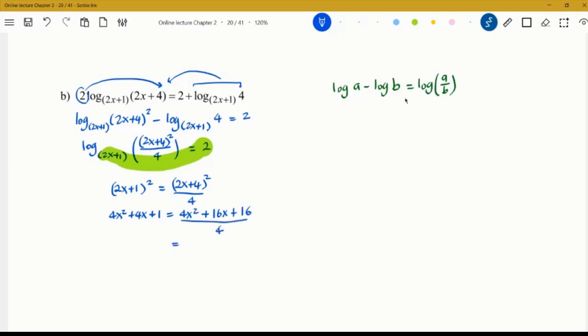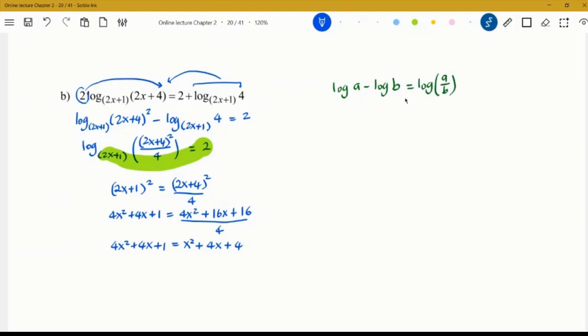Okay, sebelah kanan boleh simplify tak? Boleh. We're gonna have x squared plus 4x plus 4. And then on the left hand side we have 4x squared plus 4x plus 1.